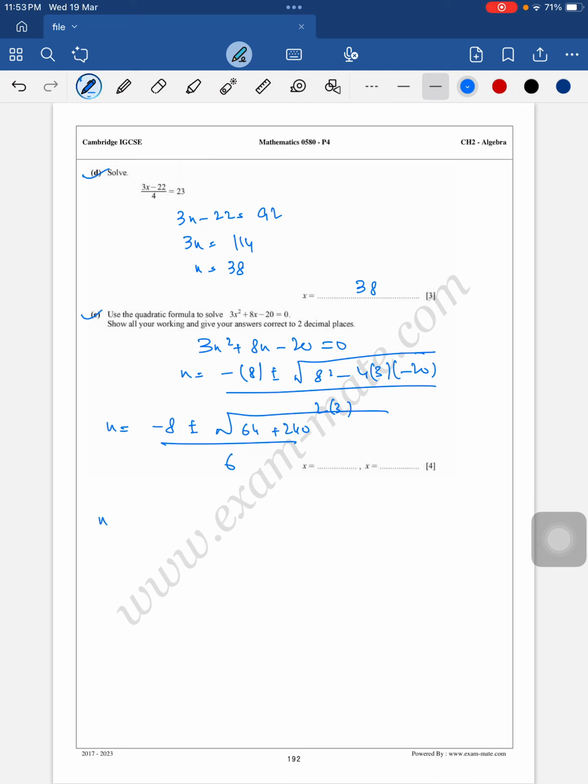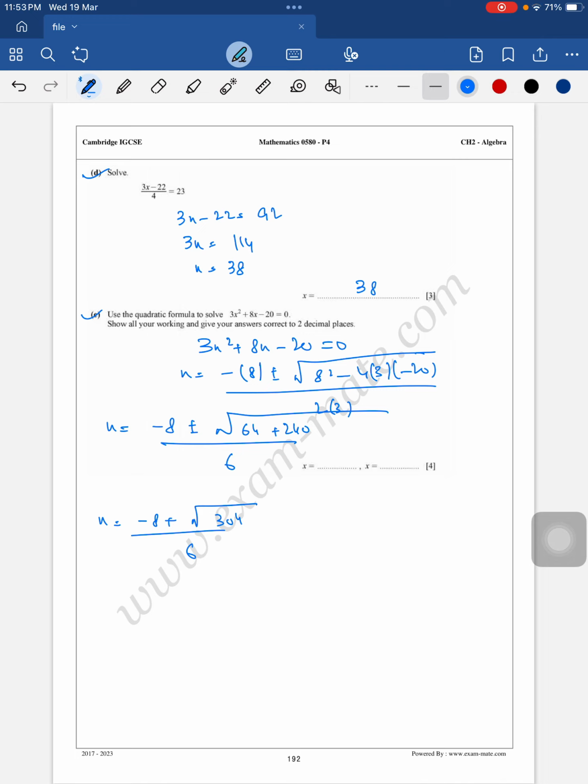So we have two answers. x equals minus 8 plus root of 64 plus 240, which is 304, upon 6. So minus 8 plus root 304, divided by 6.